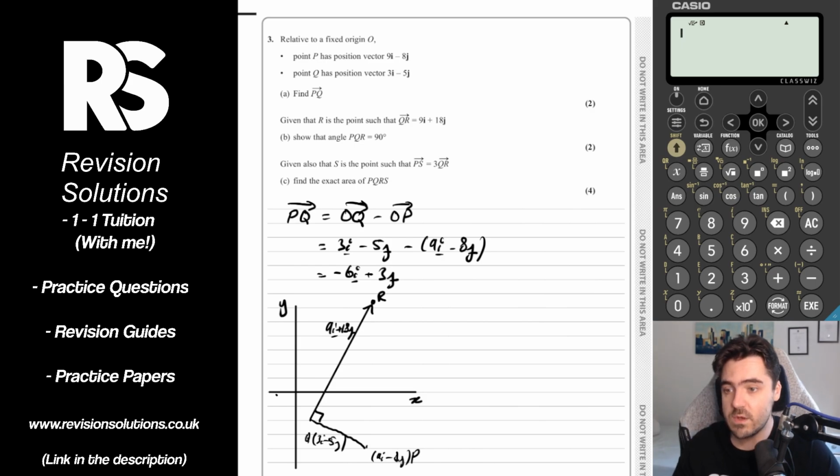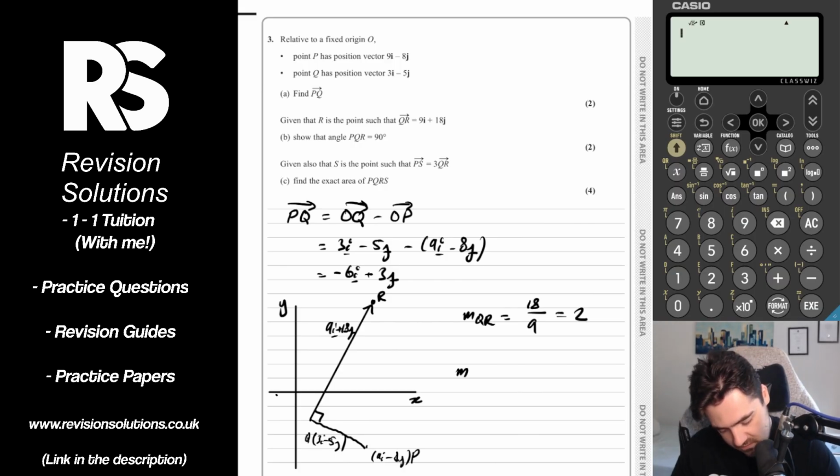So let's just use what we know about straight lines. If we calculate the gradient of the line going from Q to R, well, we go up by 18 if we travel along this vector QR, and we're going along 9. So that would give us a gradient of 2.